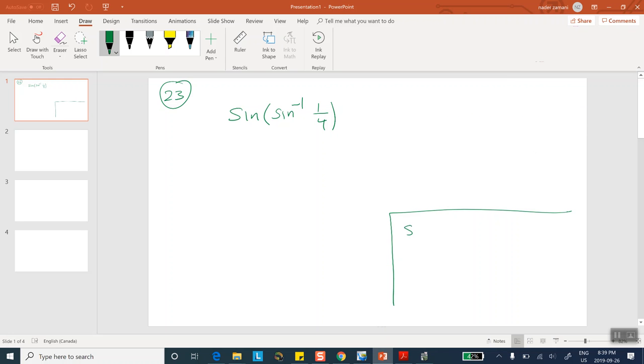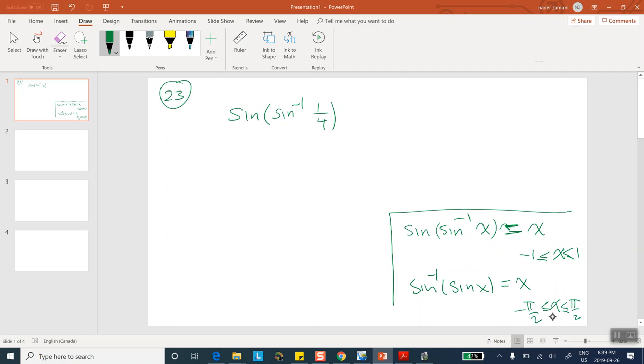Remember, sine of sine inverse of x was x as long as x was between 1 and -1. And sine inverse of sine of x was equal to x as long as x was between pi over 2 and minus pi over 2. I want to remind you about the review session that I had before doing these problems, where I wrote these things for you. So the answer is, because I'm putting a 1/4 here, the answer is 1/4.